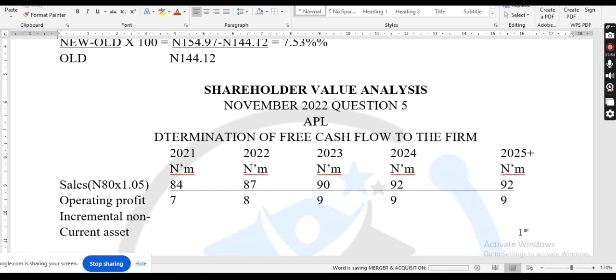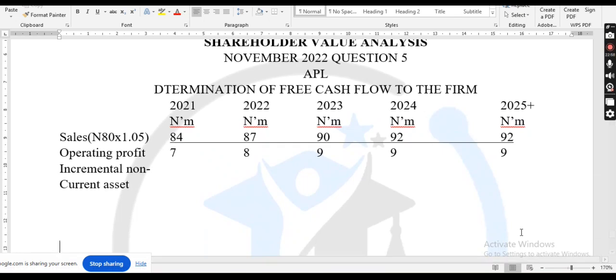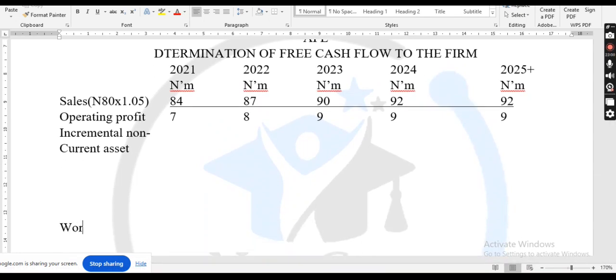Now, the incremental non-current asset will be calculated as, let me say, workings. I'll just do for year 1, and it is based on sales.